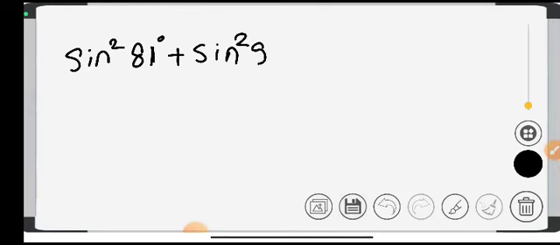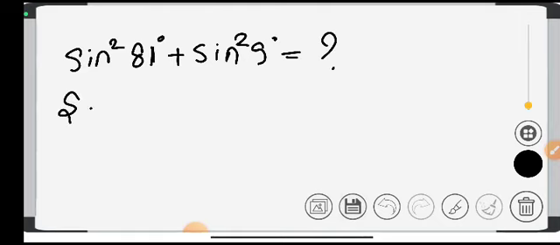If I give you another sum, that is sine square 81 degree plus sine square 9 degree, what will be your resultant?